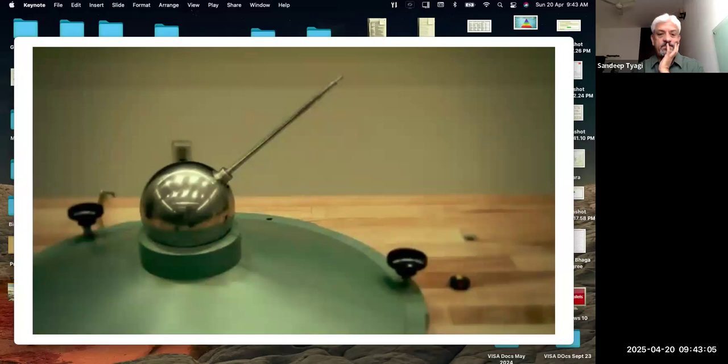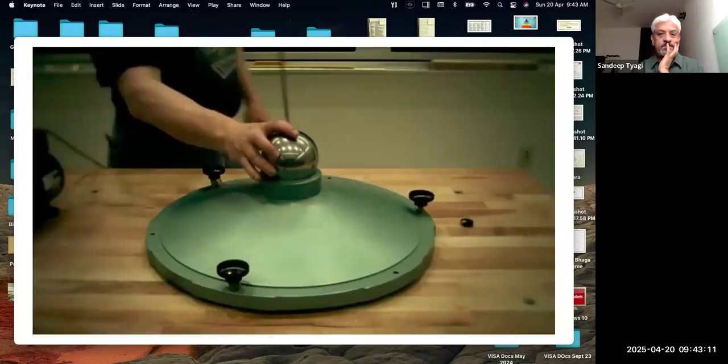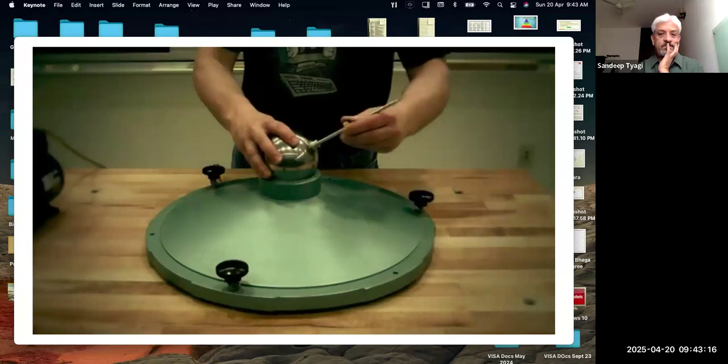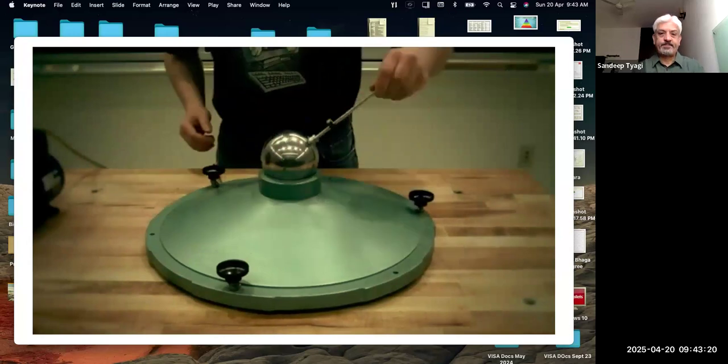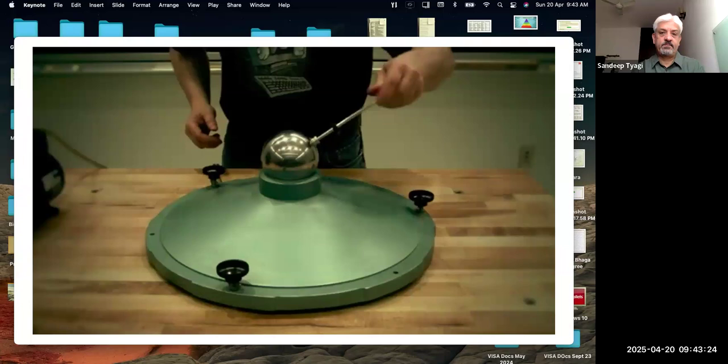Part of the interior of the ball has been hollowed out to counterbalance the weight of the rod. I will turn on the air pressure and position a weight at a predetermined balanced position. Thus, the center of mass of the ball, rod, and weight is over the center of the ball. When we spin up the ball, we see that it will spin stably for a long while in this balanced position.